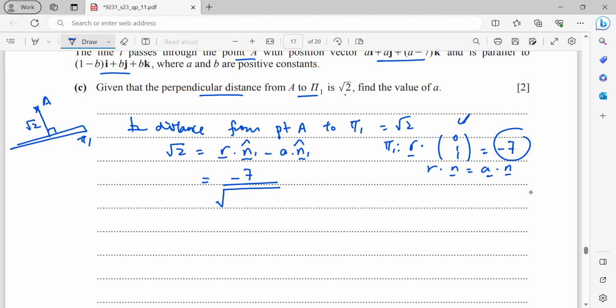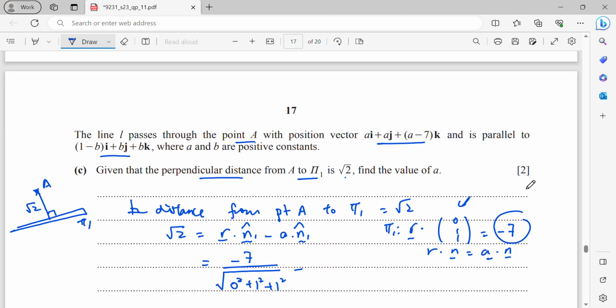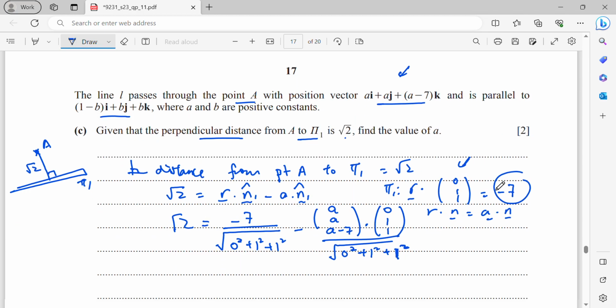So the magnitude of n is square root of 0 squared plus 1 squared plus 1 squared. Minus the a dot n, where a is the coordinate, which means (a, minus 7) dot the n, which is (0, 1, 1), over the square root, and this is square root 2.